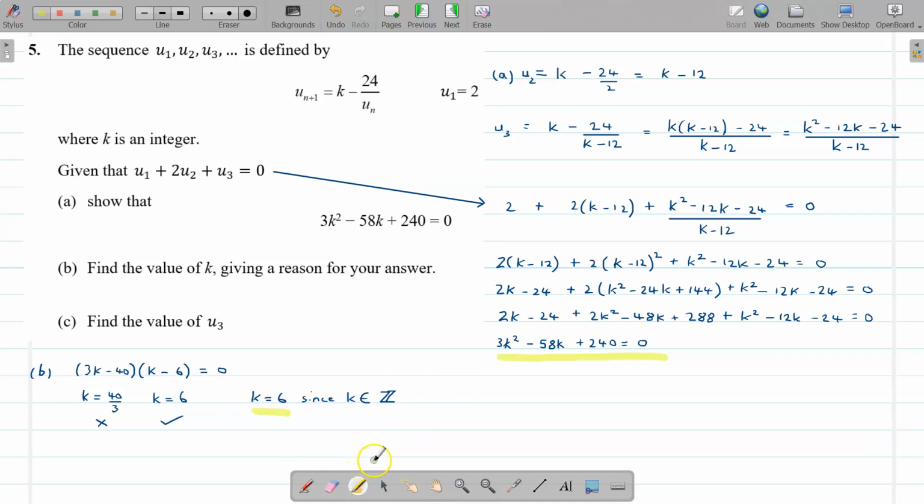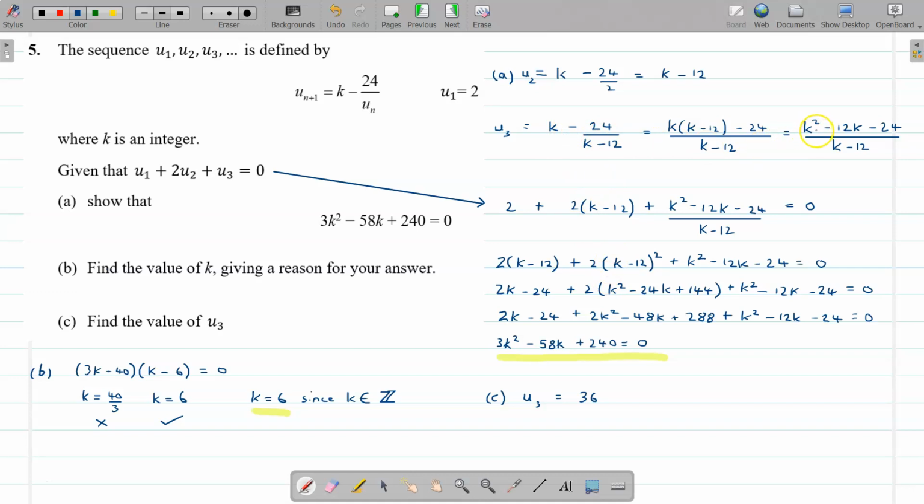And finally, for part C, we've got to find the value of U3. Well, that just means substituting our value of k into our expression for U3. So it's going to be 36. I'm just substituting it into this here.